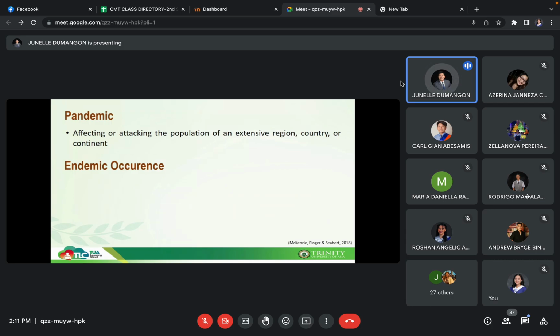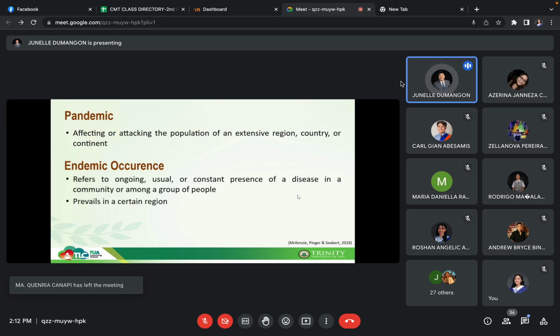Of course, we also have a pandemic which extends to different countries and continents. And when we say endemic, this is an ongoing, usual or constant presence of a disease in a community or group of people. So, an endemic disease in Leyte and Samar is schistosomiasis.